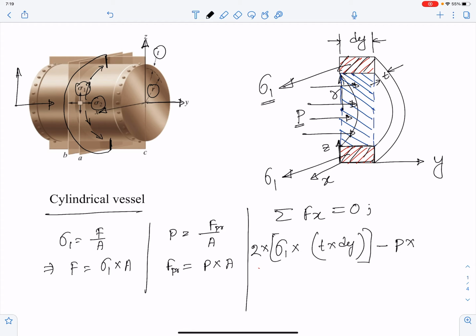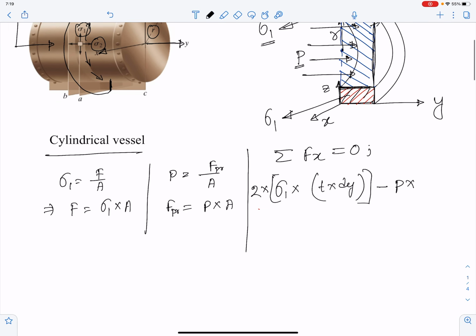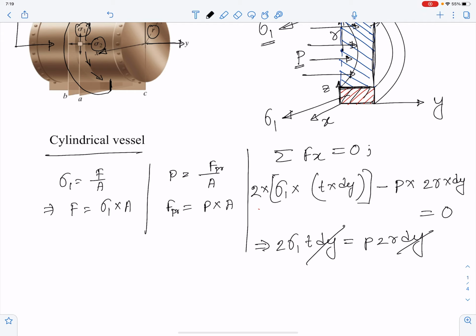Considering the total length of 2 times the radius, 2r, and this length is dy, it would be 2r times dy, equals 0. Now if we solve this equation, it would be 2 sigma 1 t dy equals P 2r dy. So dy is gone, and then 2 is gone.